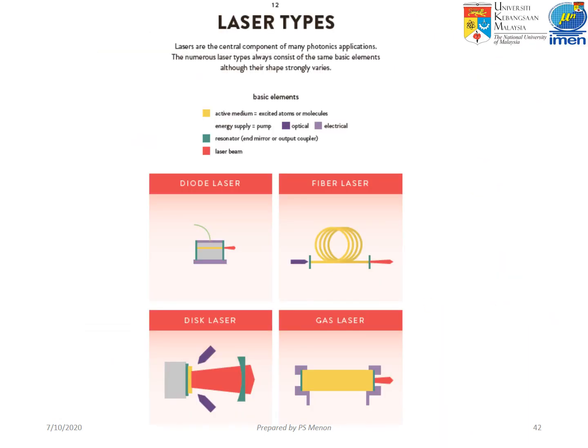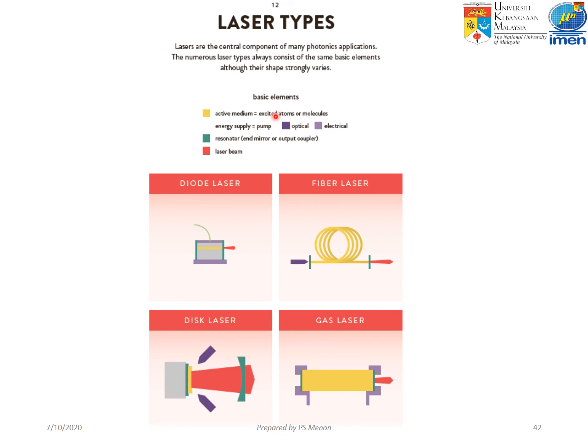Laser types. Lasers are the central component of many photonics applications. The numerous laser types always consist of the same basic elements, although their shape strongly varies. The basic elements are: the active medium, which is basically an excited atom or a molecule; and then the energy supply, or we call it a pump.